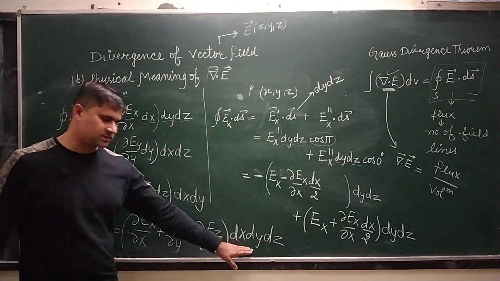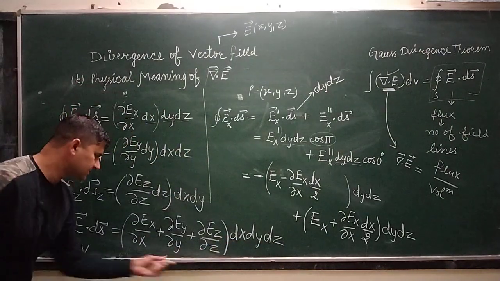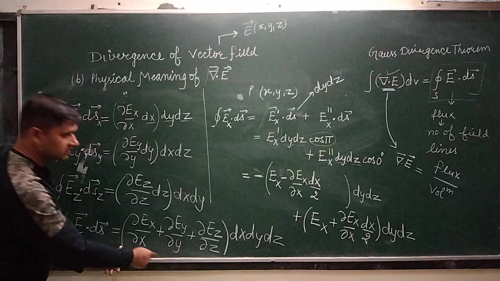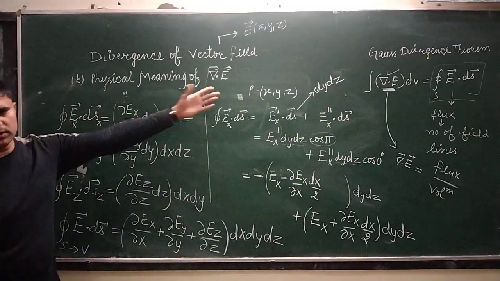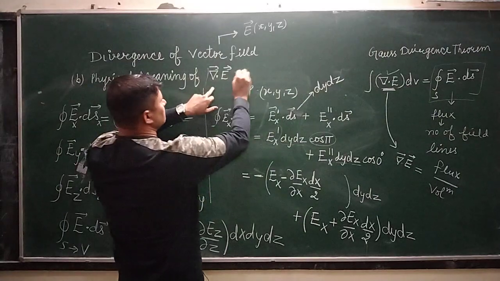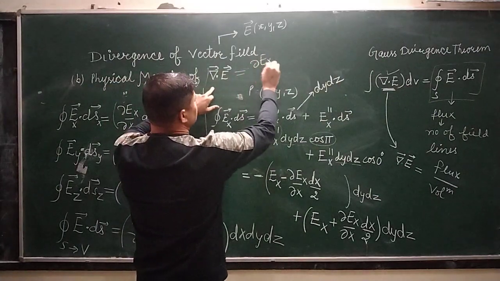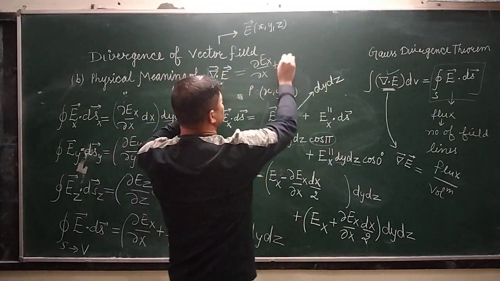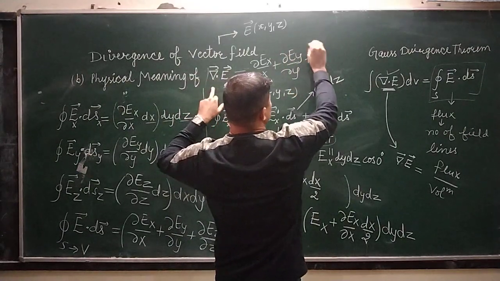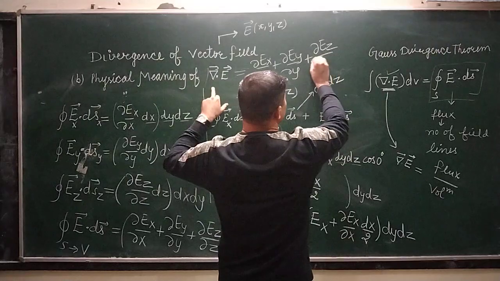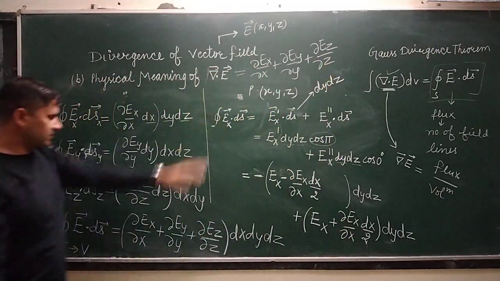So what is this? This is the volume of the cuboid, and what is this factor inside the bracket? This is divergence. This is the divergence which we have written here, curly Ex by curly x plus curly Ey by curly y plus curly Ez by curly z. So this is the divergence.